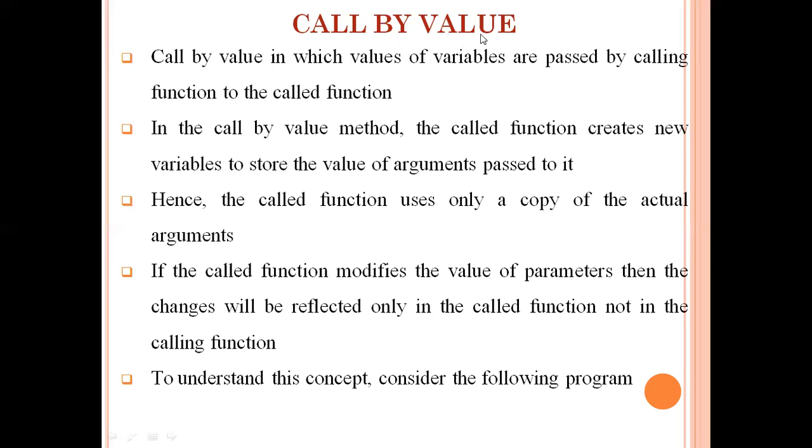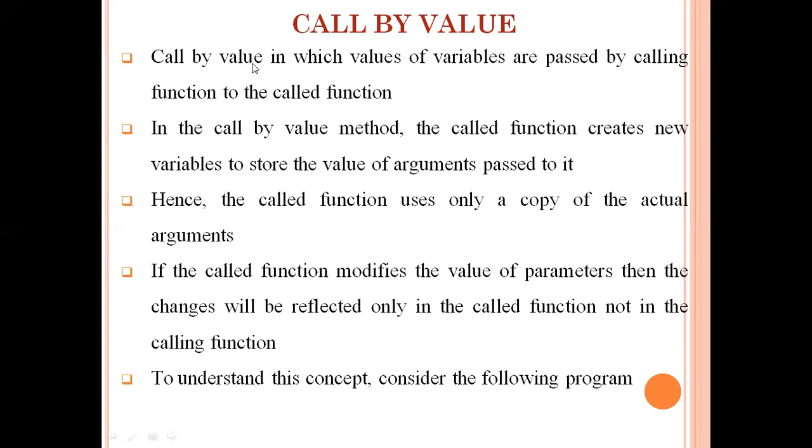This particular method is used to pass the values of variables to the called function by the calling function. So the calling function is able to pass the values of variables to the called function just by following the first method, call by value.